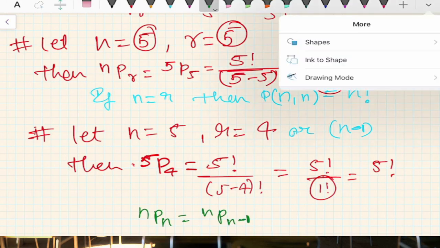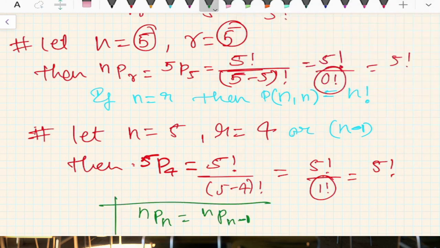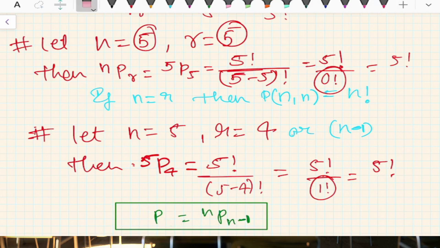This is what I wanted to tell you by using this. In both scenarios, what you got was the same answer, 5 factorial and 5 factorial. Now things change when you take r equal to 3 or 2, whatever you want to take. But that is the case.